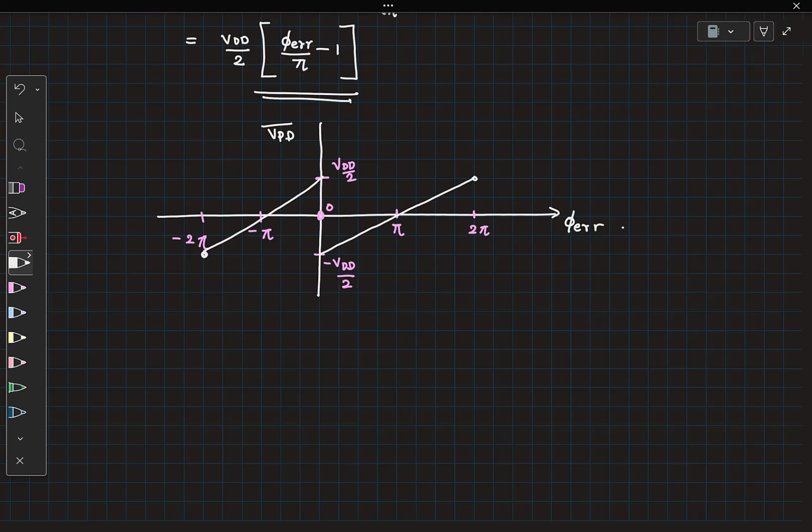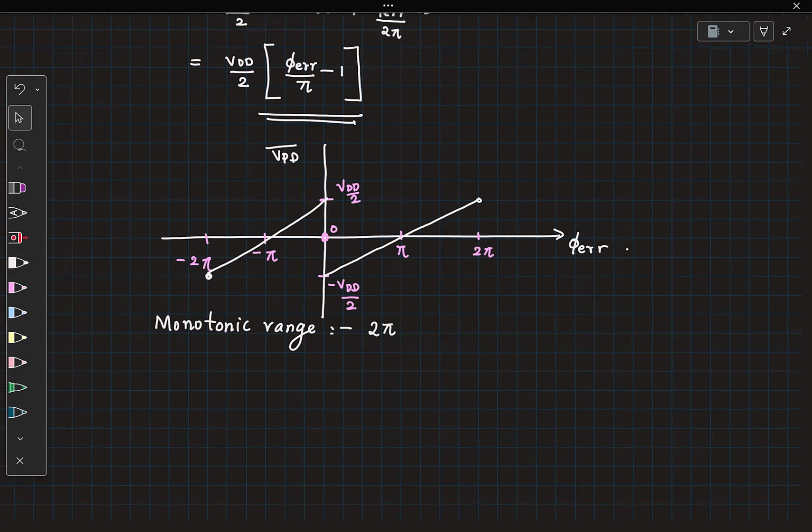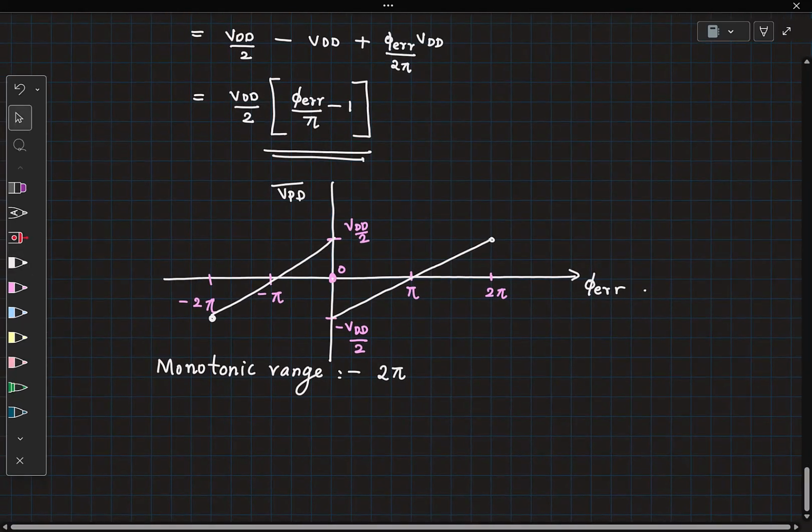Now what is the monotonic range here? So this is the largest range we have seen so far. You are getting the result from 0 to 2 pi. So you have a 2 pi range. Any questions on this?